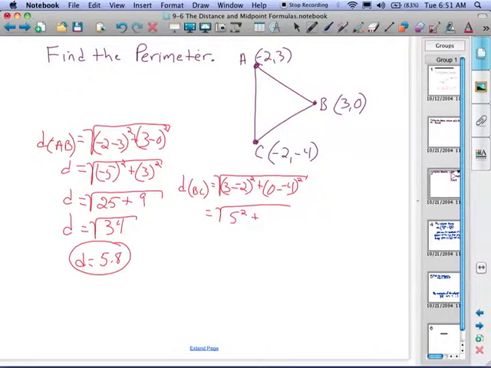And 0 minus -4 is going to be 4. So d is the square root of 5 squared plus 4 squared. And now we simplify 5 squared, which is 25, and 4 squared, which is 16. And 25 and 16 is 41. And finally, the distance for this side is the square root of 41, which is 6.4.